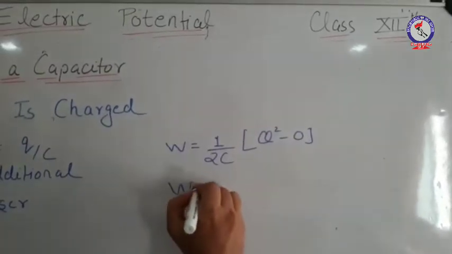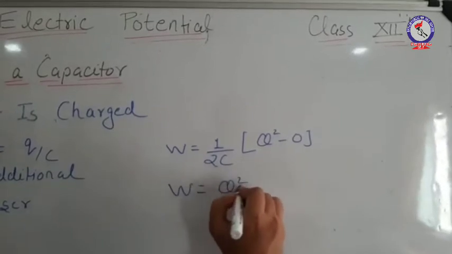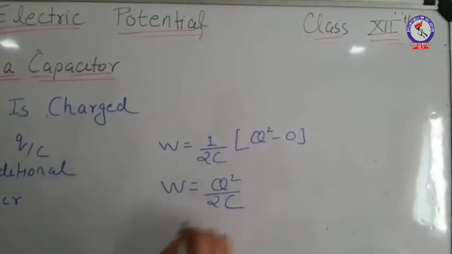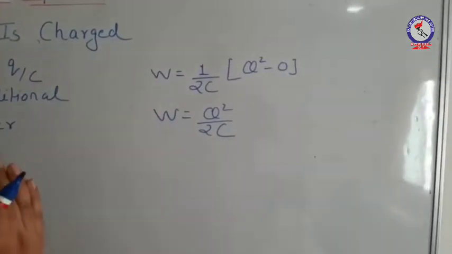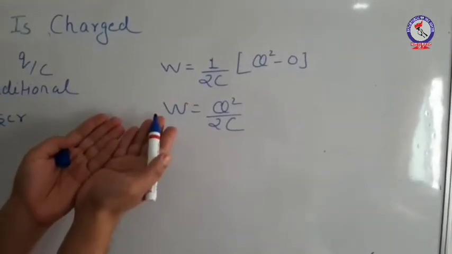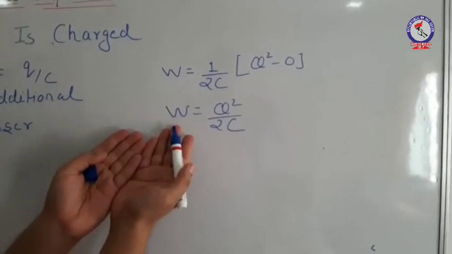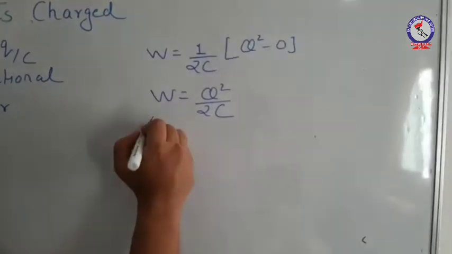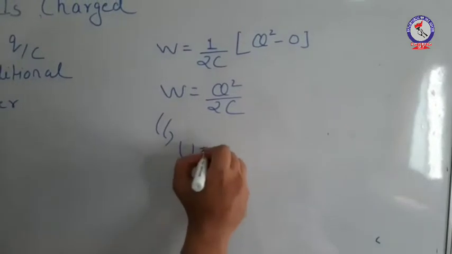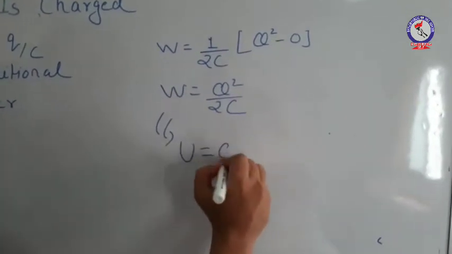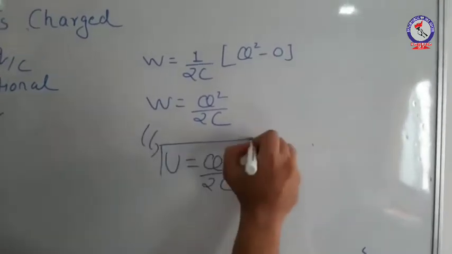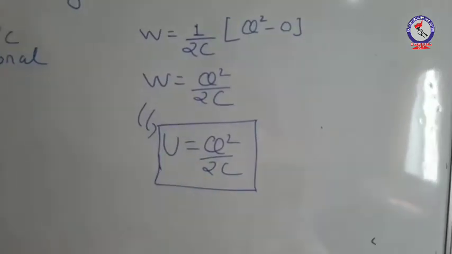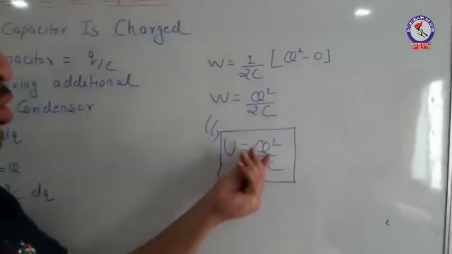So we have the expression as Q square by 2C. You can see that we have just calculated the expression of work done. This work done corresponds to the energy stored, represented by U, equals Q square by 2C. This is the final expression of energy stored in a capacitor, Q square by 2C.